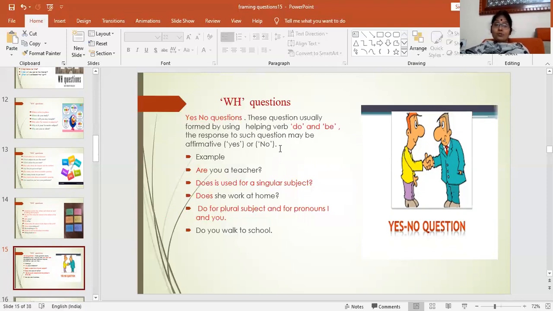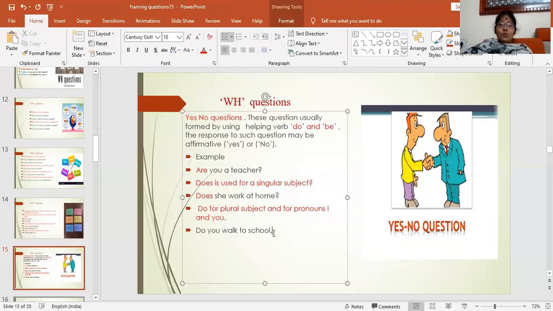Do you walk to school? Right? Do they behave this way every time? So we use do for plural subjects or for pronouns, right? So we know that does is used for singular subject and do is used for plural subject.